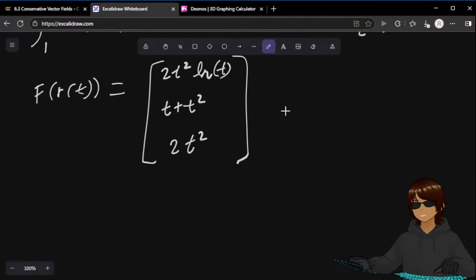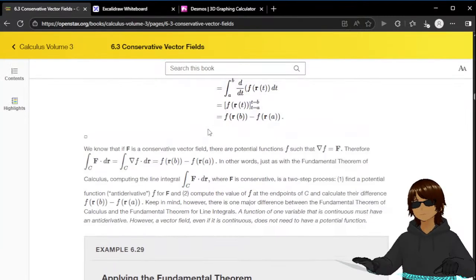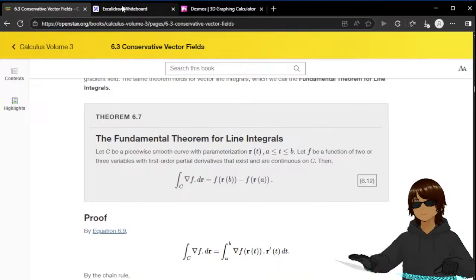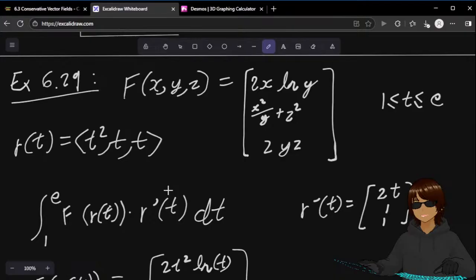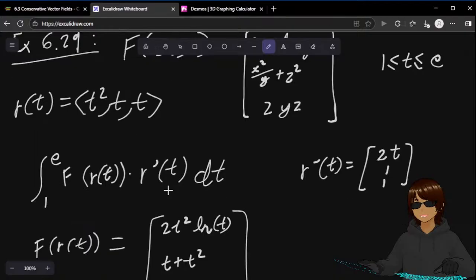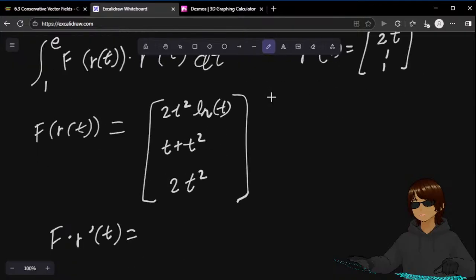And then if you do the dot product, x squared is t squared, so here it will be t to the power of 4, and this is t cubed.